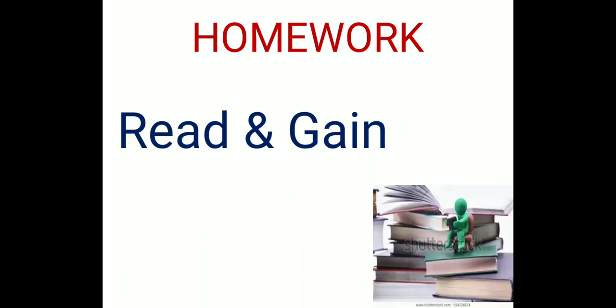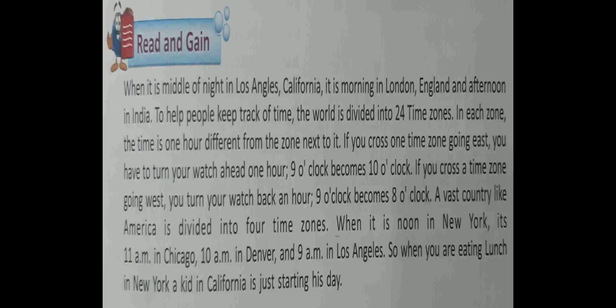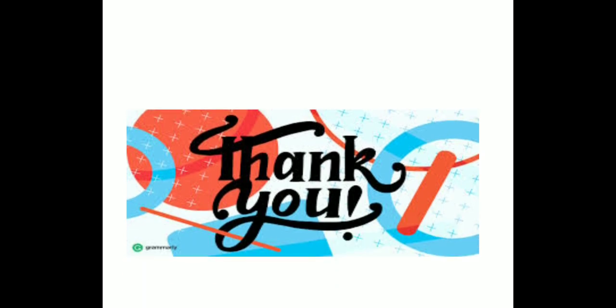What do you have to read, students? You have to read this paragraph. You will read this read and gain activity, and you will gain knowledge about it. And then what you have to do? You have to write the questions, take the correct answers and the true and false in the notebook.